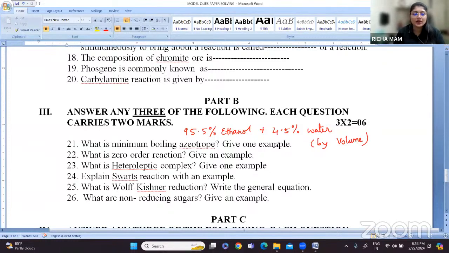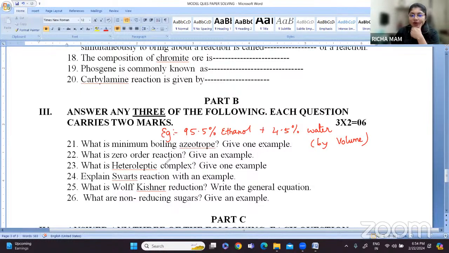Once more, I'll read out. Solutions which show large positive deviation from Raoult's law at specific composition. Okay, is it clear?